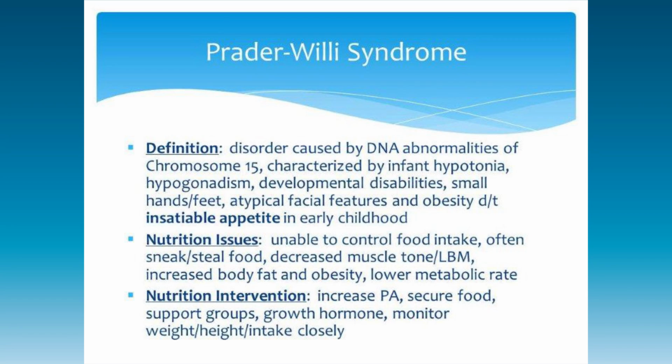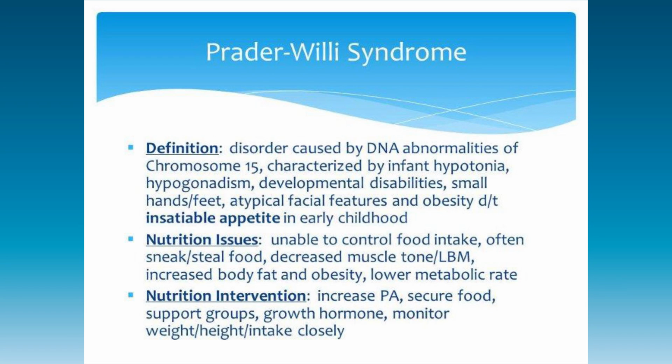They do have some atypical facial features, and they can be obese because the main characteristic they have is that insatiable appetite. So they're constantly hungry. And that's thought to be related to, they release more of the hormone ghrelin, which tells us that we're hungry. So they're releasing more of that, so they're just constantly hungry.